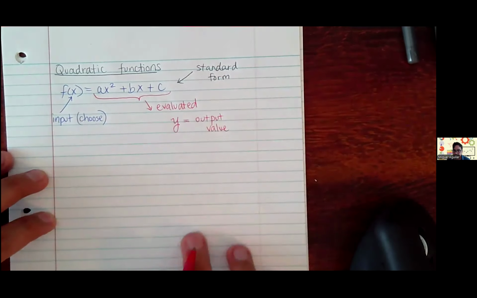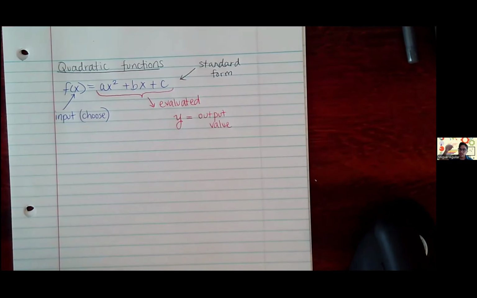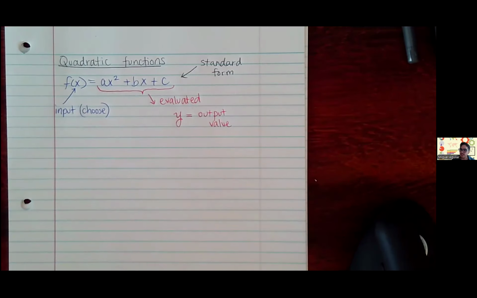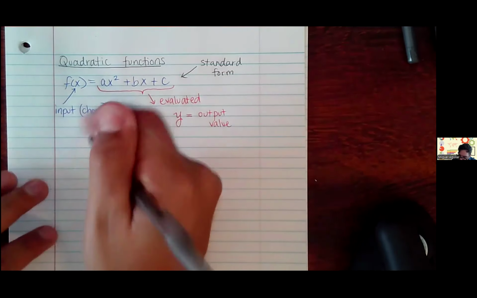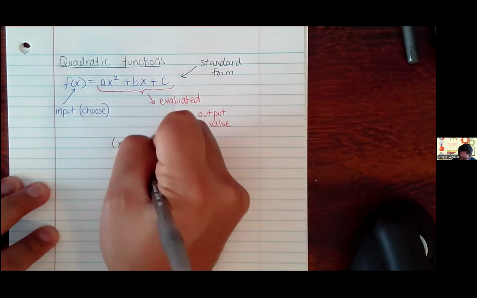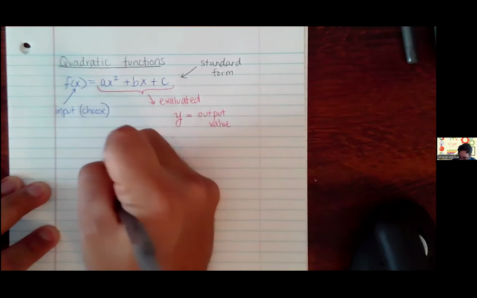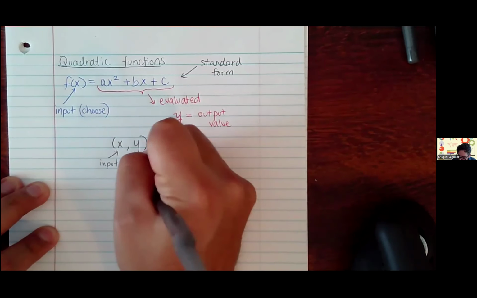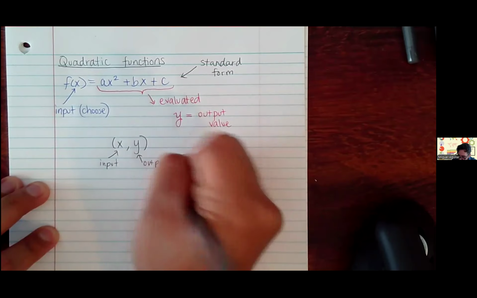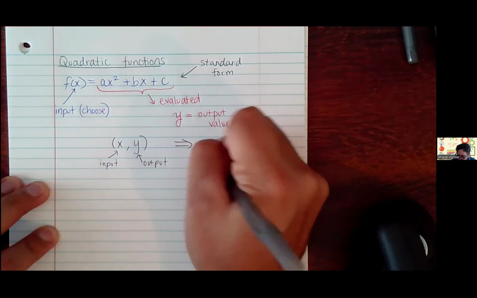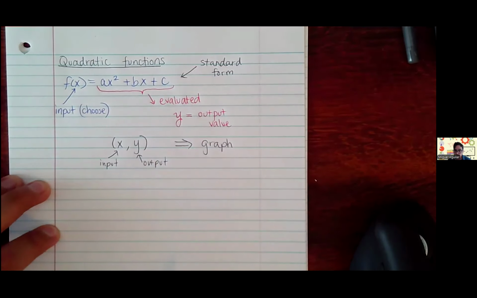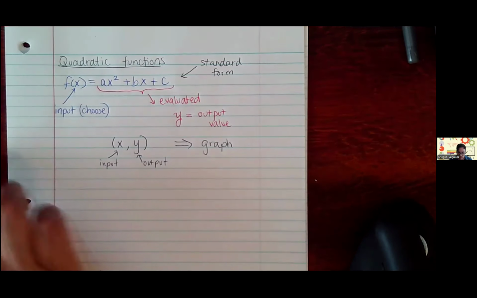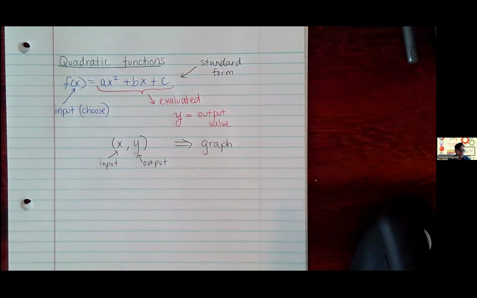So that's what I mean by these functions are machines. You're putting something in, it's doing some math, the calculator's doing some math, and then it spits out the y value. And then once we have an xy pair of our input and output, well, then we can take that to a graph and plot it. So that's kind of how we're going to be building these graphs.